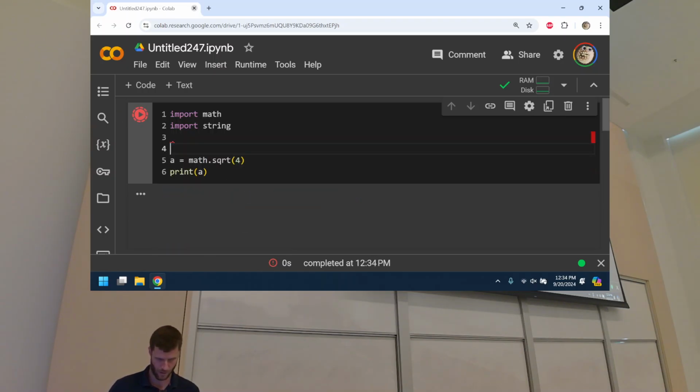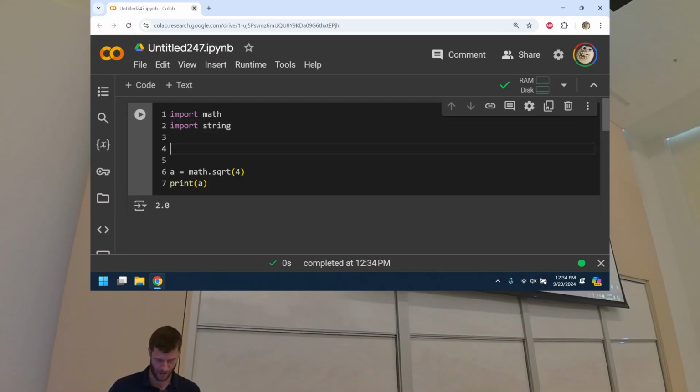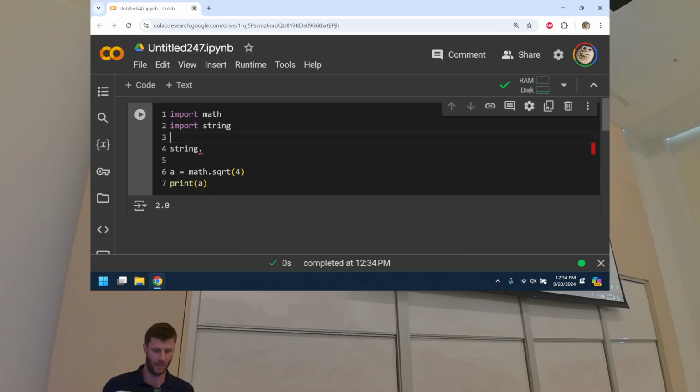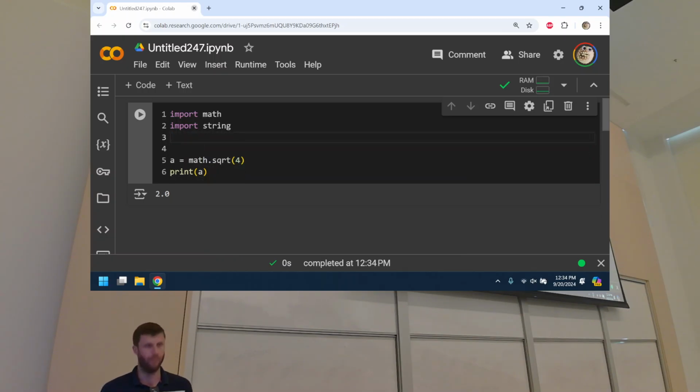String dot, yeah, and there's a bunch of functions in there. The drop-down list is a Colab thing, and a lot of other IDEs have it built in too. But the fact that math is there and string is there, that is a Python thing.